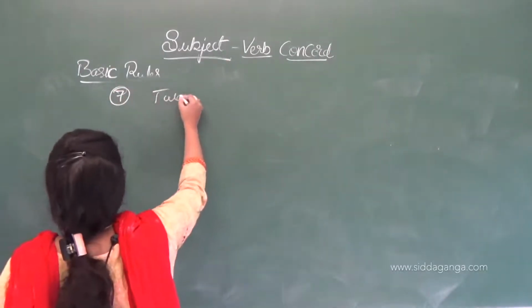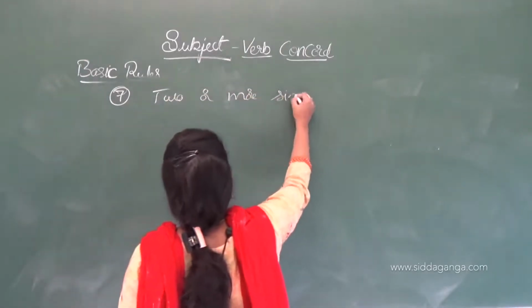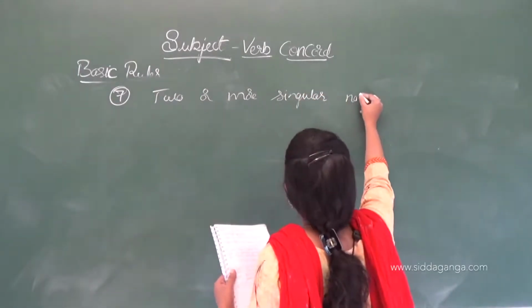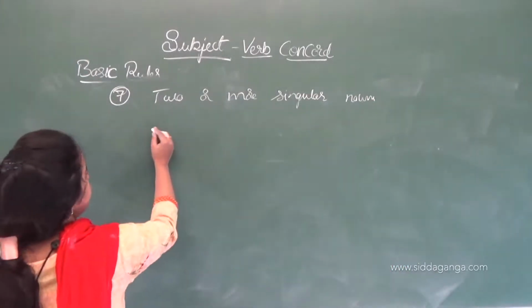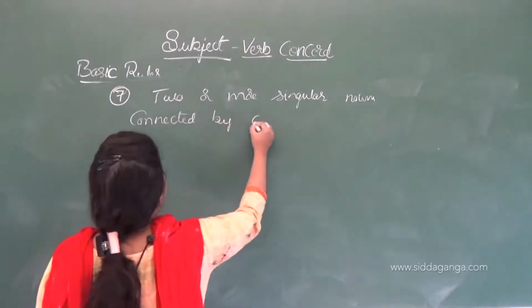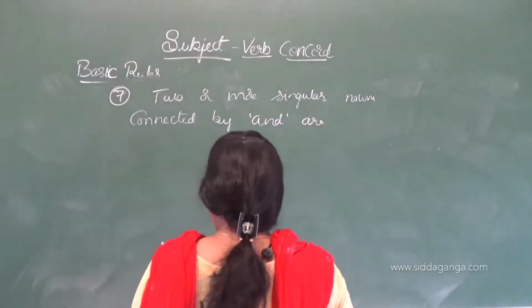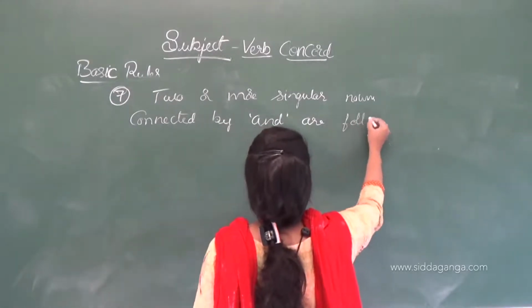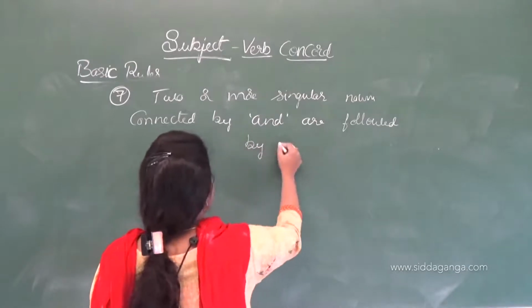Two or more singular nouns connected by and are normally followed by a plural verb.